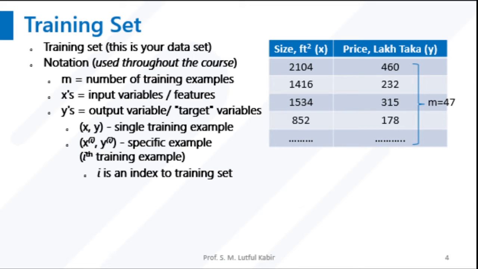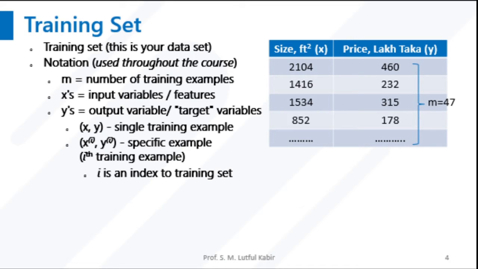And I am going to use y to denote the output variable or target variable. The second column is your output variables. I am going to use (x, y) to denote a single training example. So a single row in the table corresponds to a single training example.